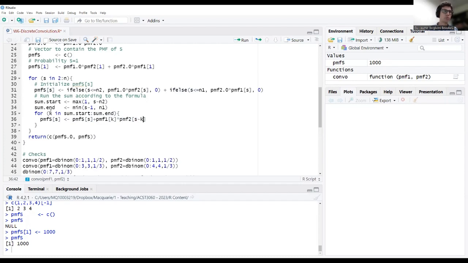Of course, this is a for loop, so it goes for all the values of k between those two bounds. Close this for loop, close the first for loop, because this is running for all the values. And that's it.